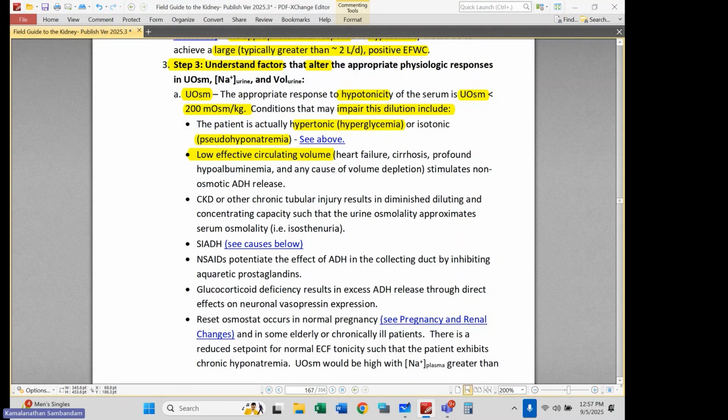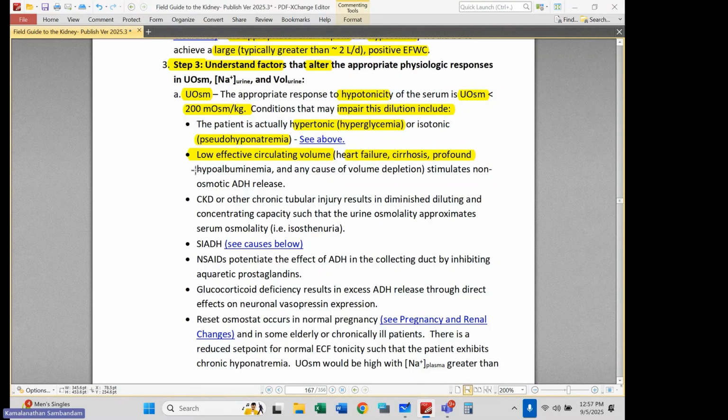If there's a battle between the two, circulating volume wins. Makes sense? The body's saying, I'm threatened by this hyponatremia or hypotonicity, but I'm more threatened by the fact that I'm hypovolemic. I better retain water. Okay, so circulating volume wins.